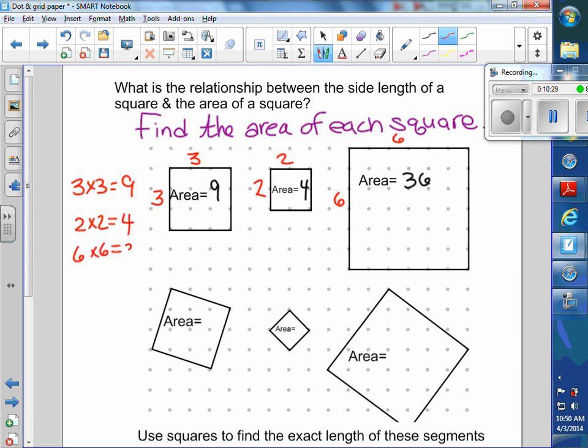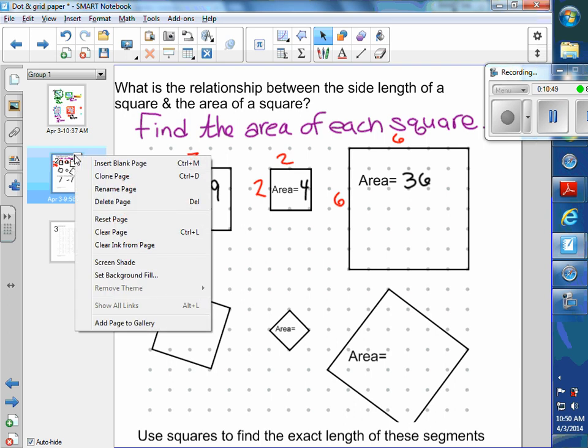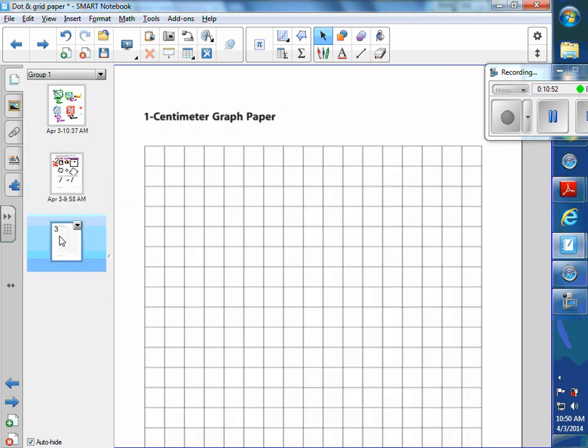So whenever you have a square, you have to think about what number times itself equals that area. So for example, I'm just going to use the grid paper here.